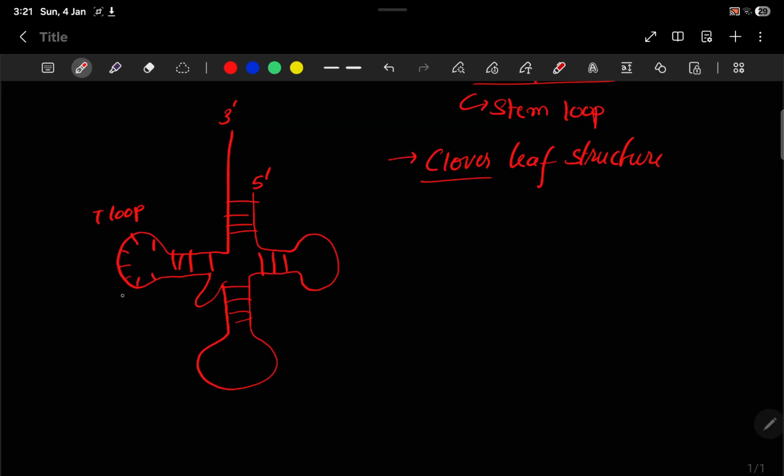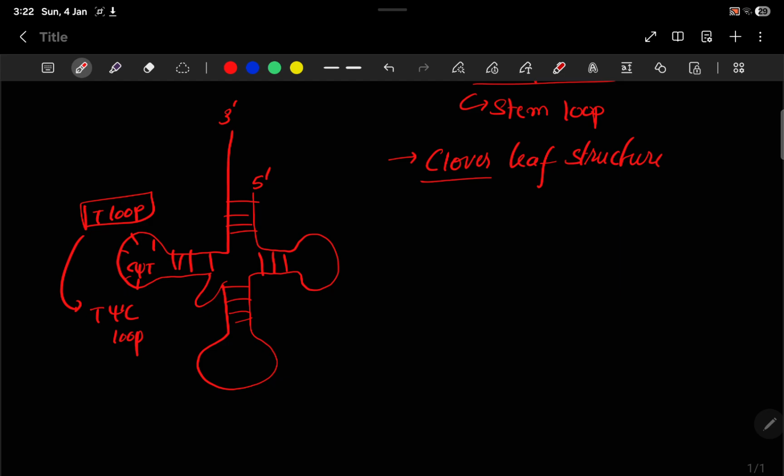The T loop has some modifications. This T loop is also called the T psi C loop. Why?